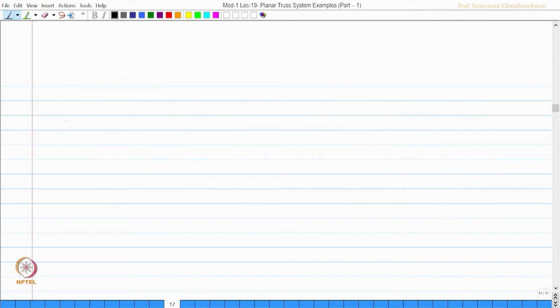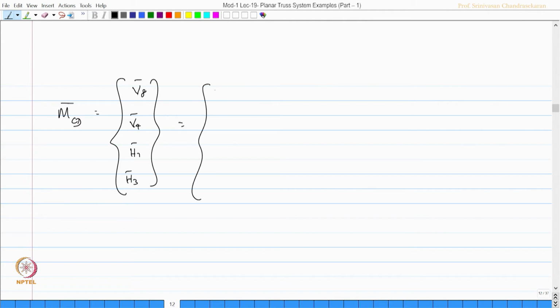Let us do it for M bar CD, which will be labeled as V bar 8, V bar 4, H bar 7 and H bar 3, which will be 34.3491, minus 34.3491, 0, 0.